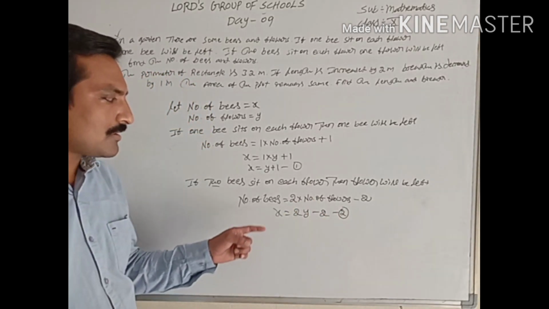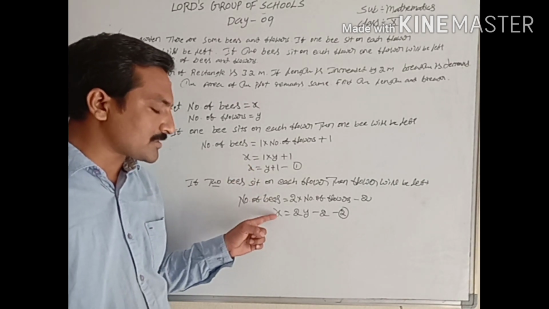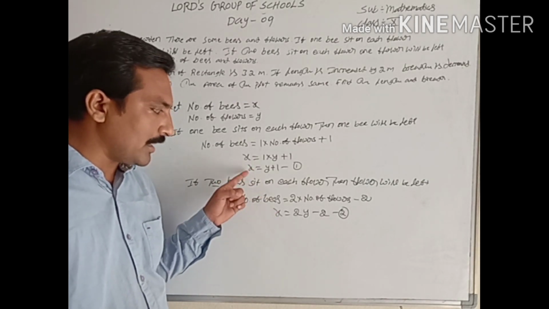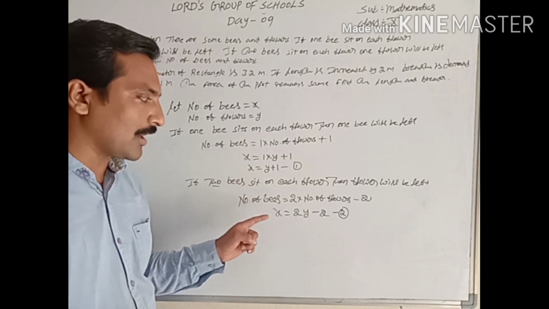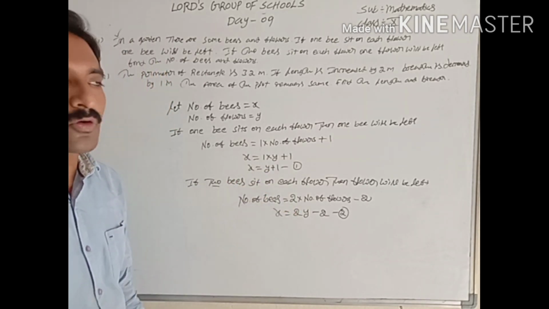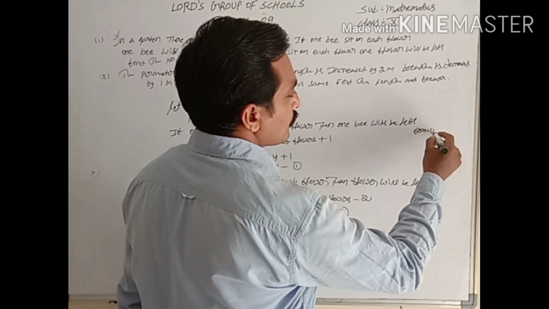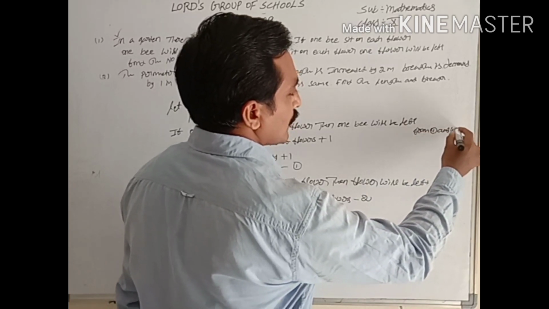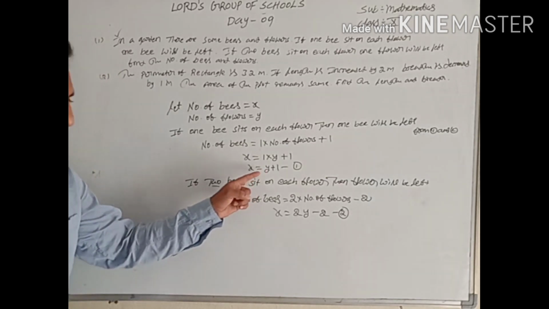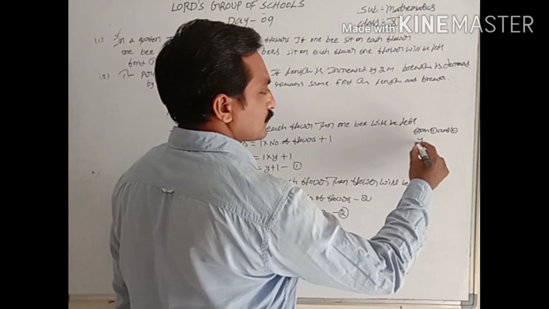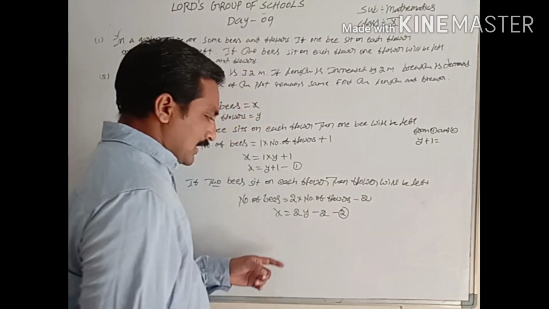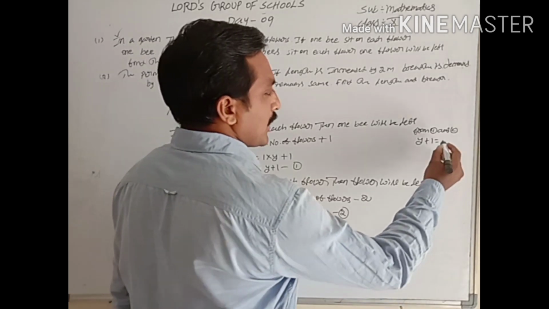Now you have to observe the first equation and the second equation. Both LHS are equal. Therefore, RHS are also equal. Now you have to write from 1 and 2. First equation RHS is y plus 1. Your second equation RHS is 2y minus 2.